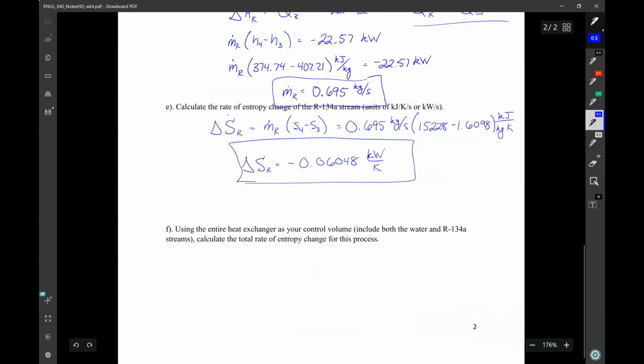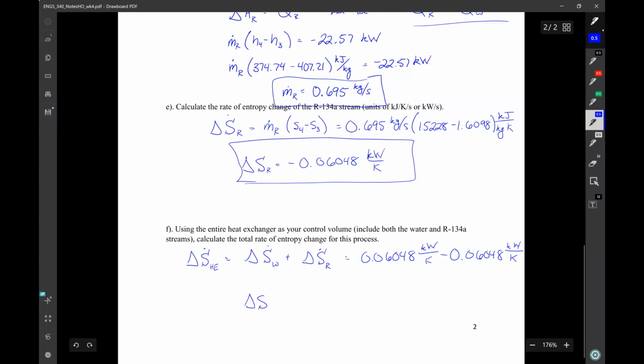So if we calculate the rate of entropy change for the entire heat exchanger, right, delta S dot heat exchanger, that equals the rate of entropy change of the water plus the rate that the entropy of the refrigerant is changing, which equals, right, 0.06048 kilowatts per Kelvin minus 0.06048 kilowatts per Kelvin.